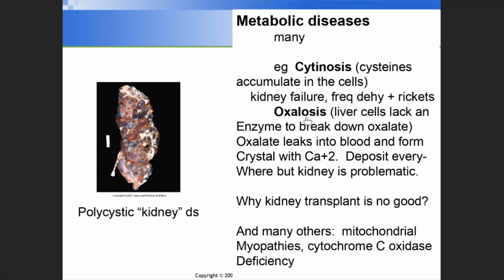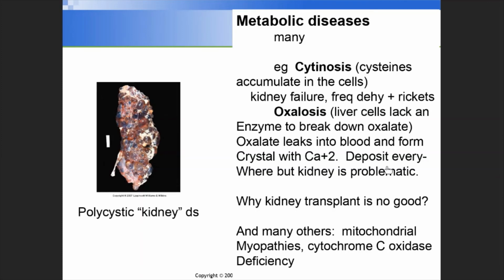Another example is oxalosis. It's one of the crystals you often see. In this disease, the liver doesn't have the enzyme to break down oxalate, and the oxalate in essence can form crystals. These crystals can deposit everywhere, not just the kidney.